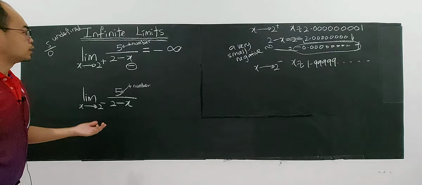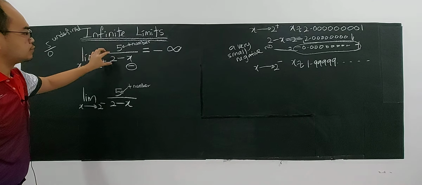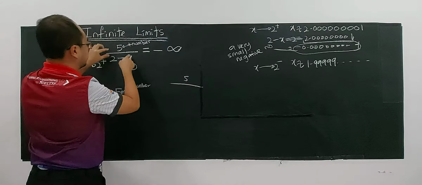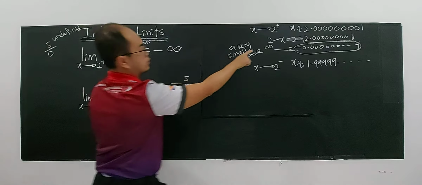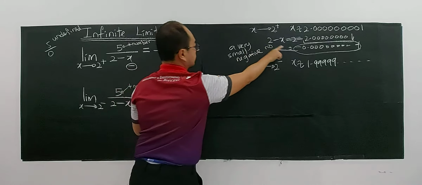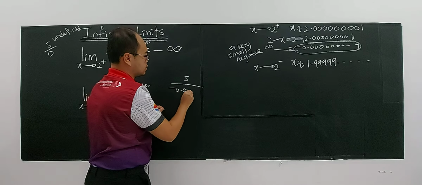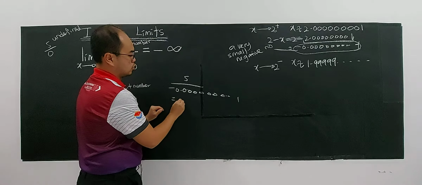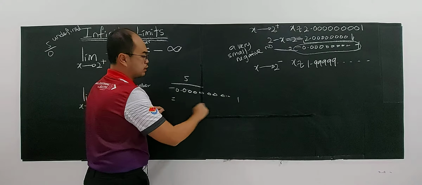What's the reason? Because 5 divided by this, approaching from the right, will be negative 0.00000001. You see that you divide by a very small number.